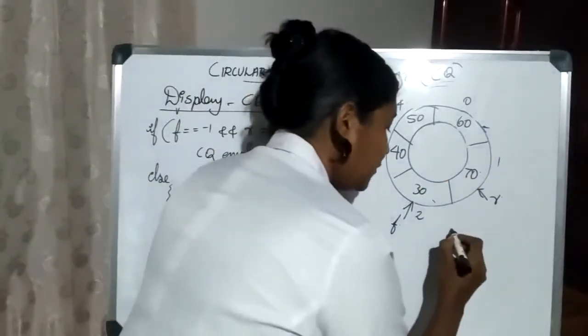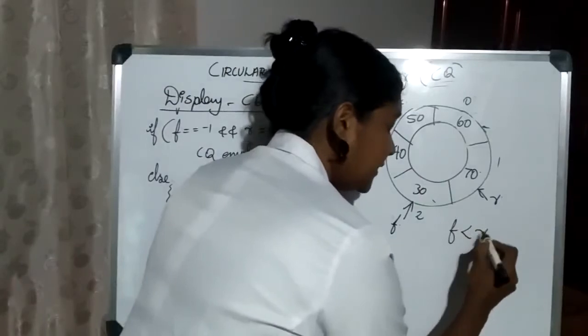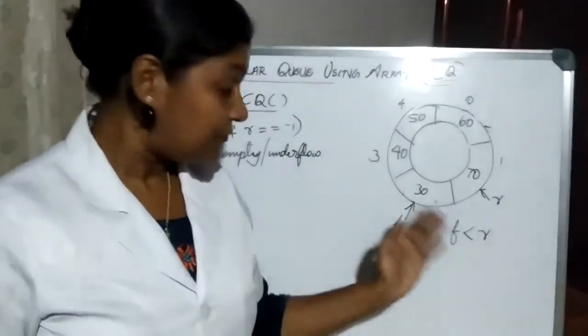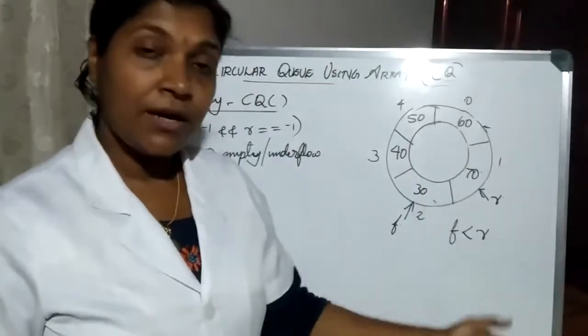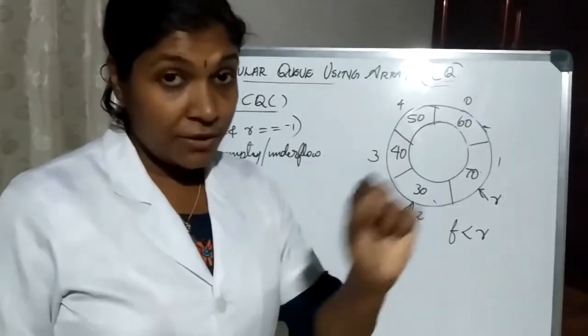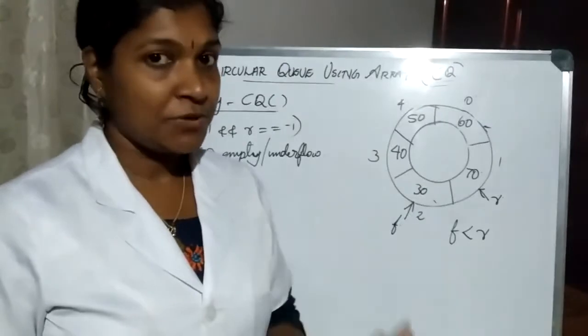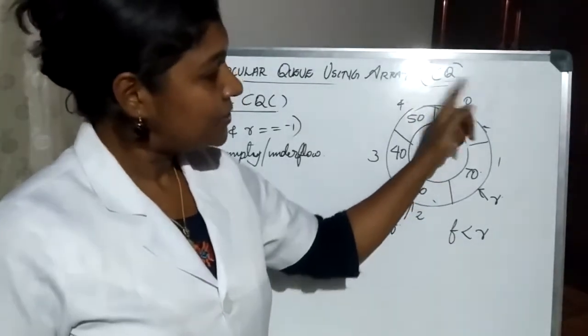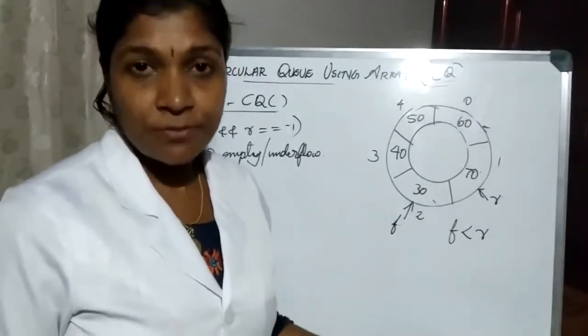Can we say front is less than rear? Or could we move that variable I from front to rear using our old equation, I less than or equal to rear? That is not possible, right? Because here we can move from the last location to the first location. That is also possible.